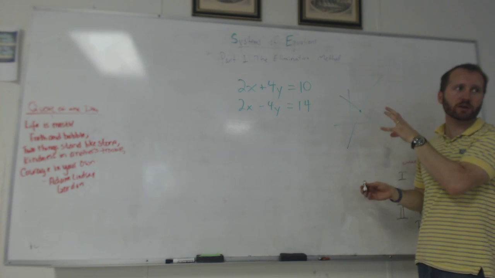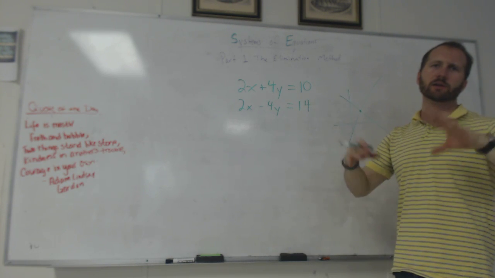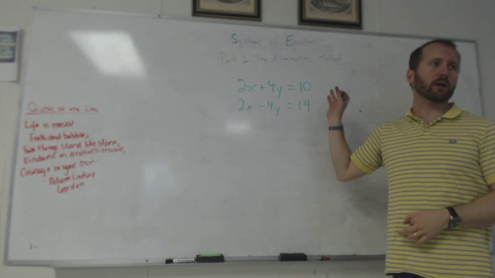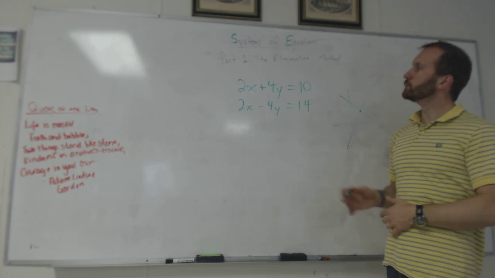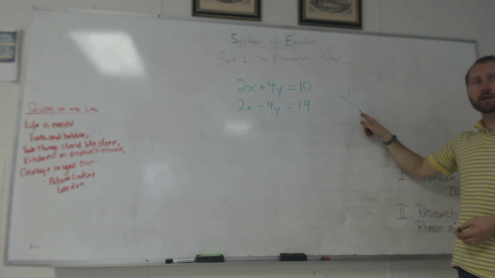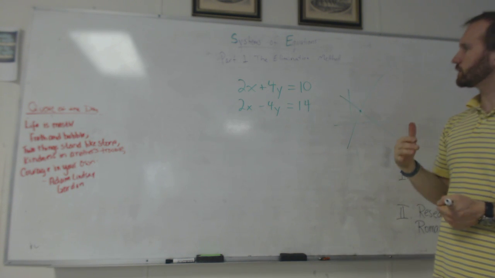Okay? The way I'm going to show you today is just pure numbers and letters and adding and subtracting and algebra. There's no graphing at all involved. But we're still finding the point where those two lines meet. Even though it's not going to seem like it at first.